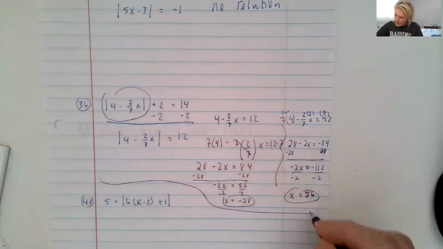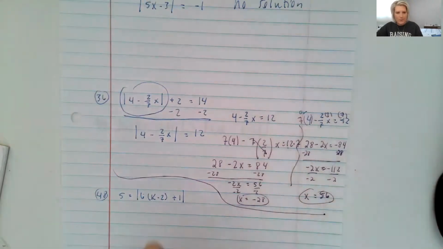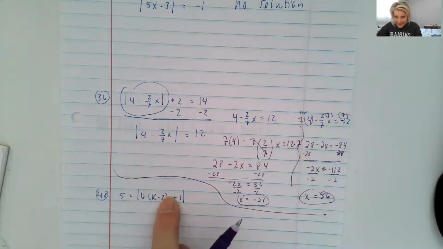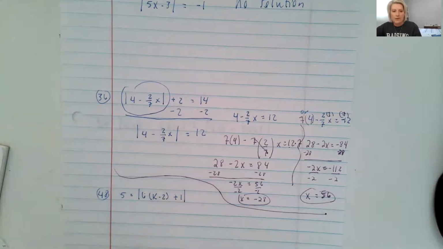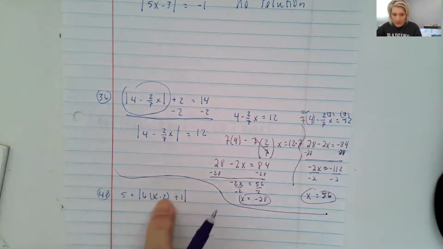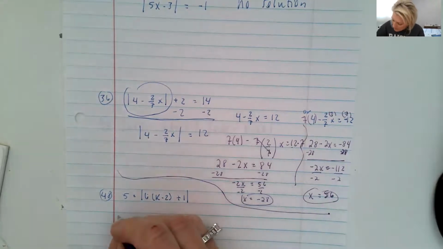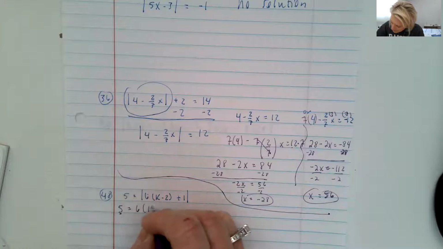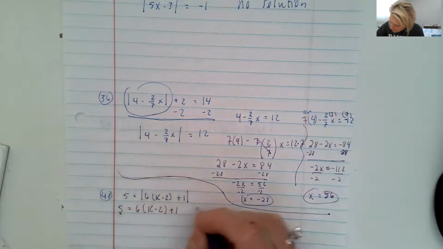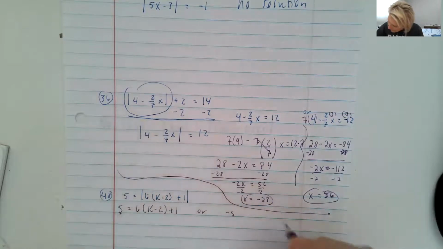So let's look at the next one. Ooh, the next one looks fun because there's a lot going on inside the absolute value this time. So the absolute value is already isolated, so we can just go ahead and say 5 equals 6 times k minus 2 plus 1, or a negative 5. Let's do that one down here.